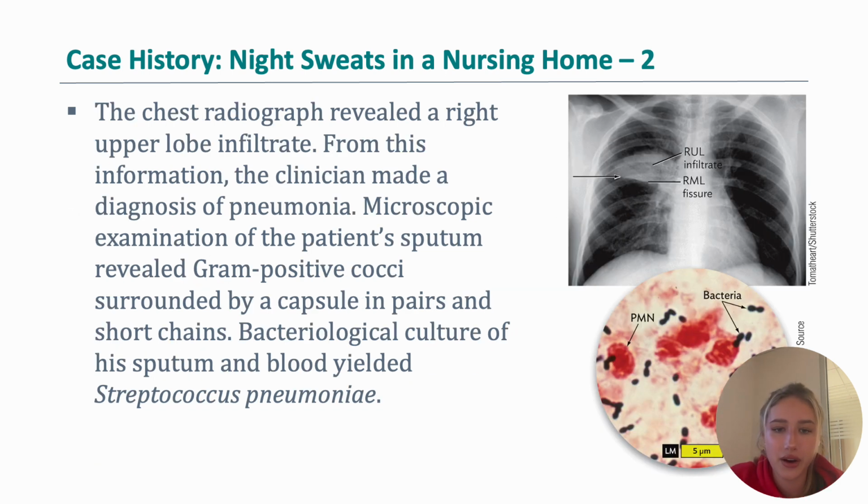The chest radiograph revealed a right upper lobe infiltrate, and from this information, the clinician made a diagnosis of pneumonia. Microscopic examination of the patient's sputum revealed gram-positive cocci surrounded by a capsule in pairs and short chains.